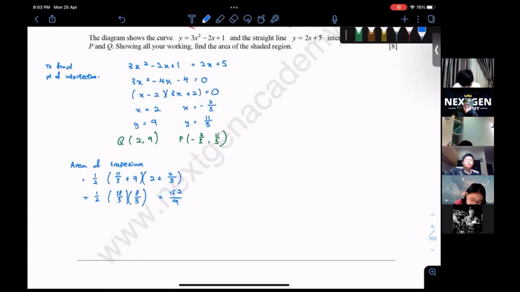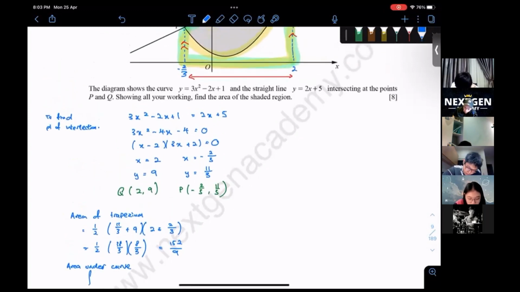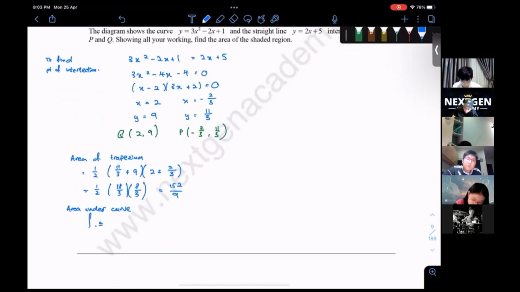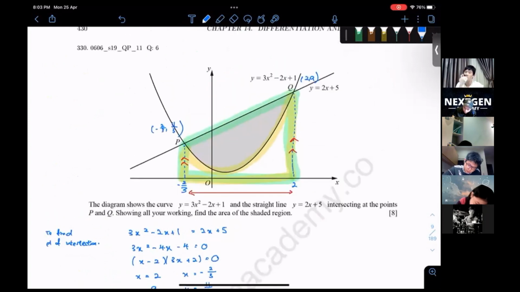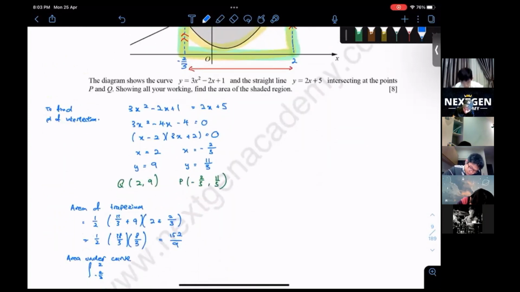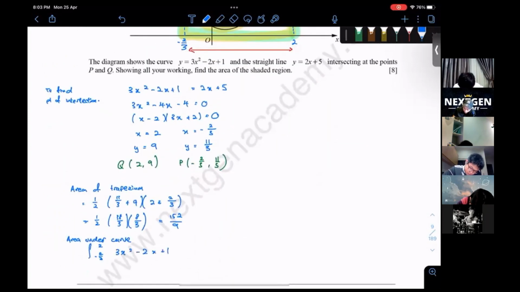Okay, area under graph. Okay, the curve. We write specifically curve, which is integrate from -2/3 to 2 for, what's the equation? 3x squared minus 2x plus 1 dx.